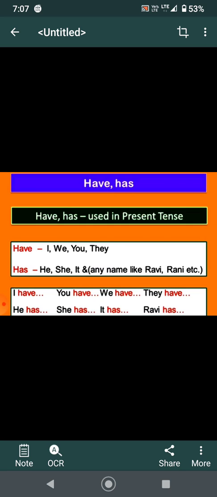Once in a nutshell, or you can say to sum up, we will quickly see again. Has, have is used in present tense. Have is used with I, you, we, and they. Has is used with he, she, it, or any one name of a person or a thing or animal, like Ravi, Rani, etc. I have, you have, we have, they have, he has, she has, it has, and Ravi has.